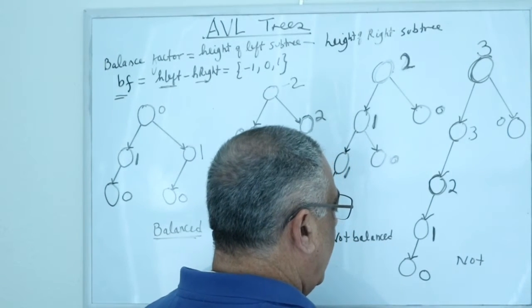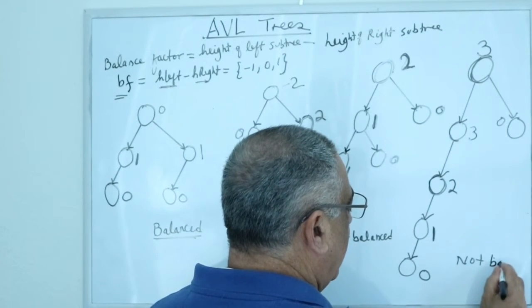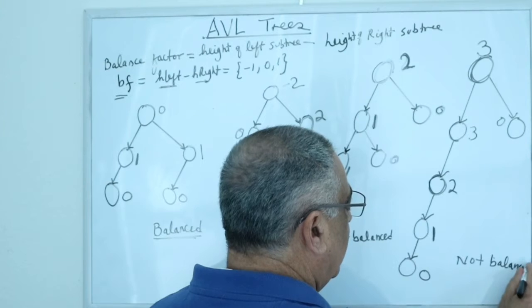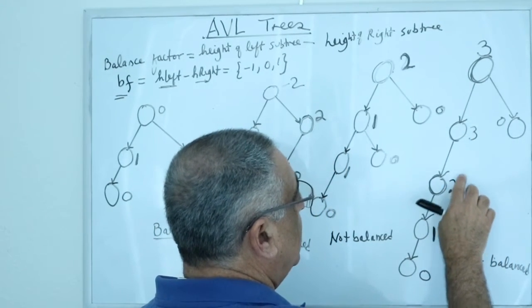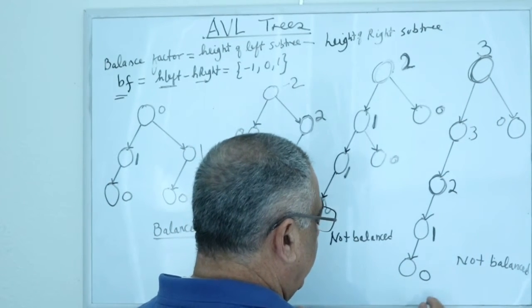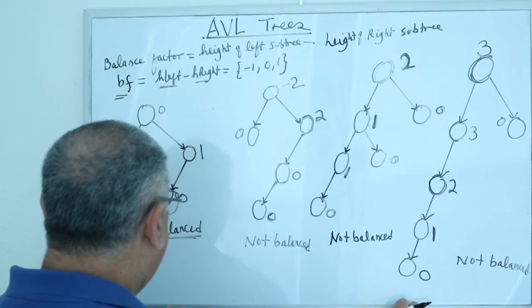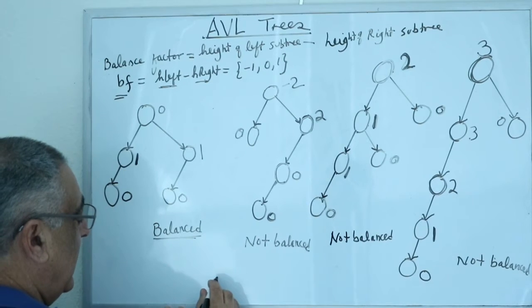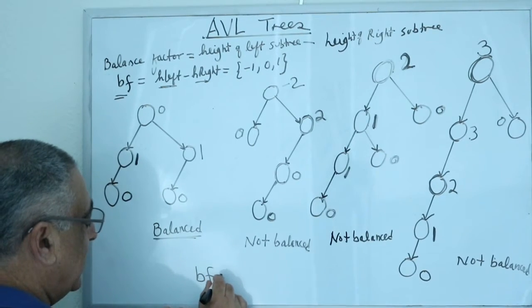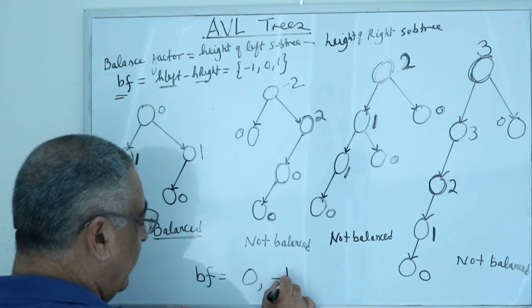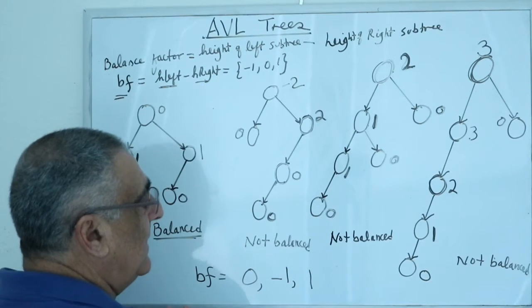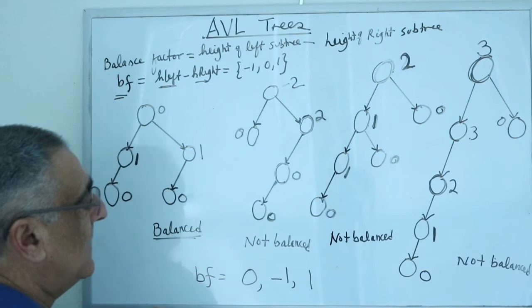It's not balanced because the balance factors are 2, 3, and 3. For the tree to be balanced, the balance factor has to be between -1, 0, or 1. Anything other than that means the tree is not balanced.